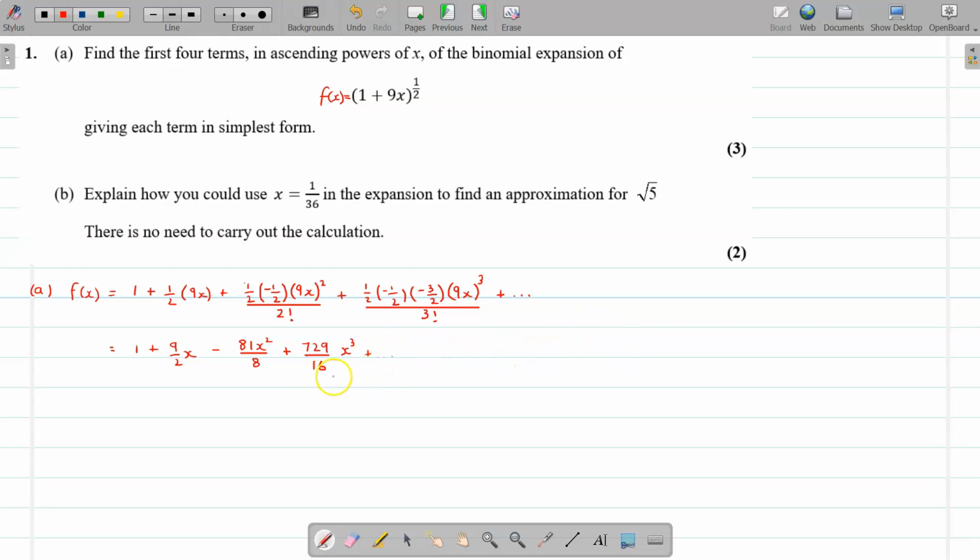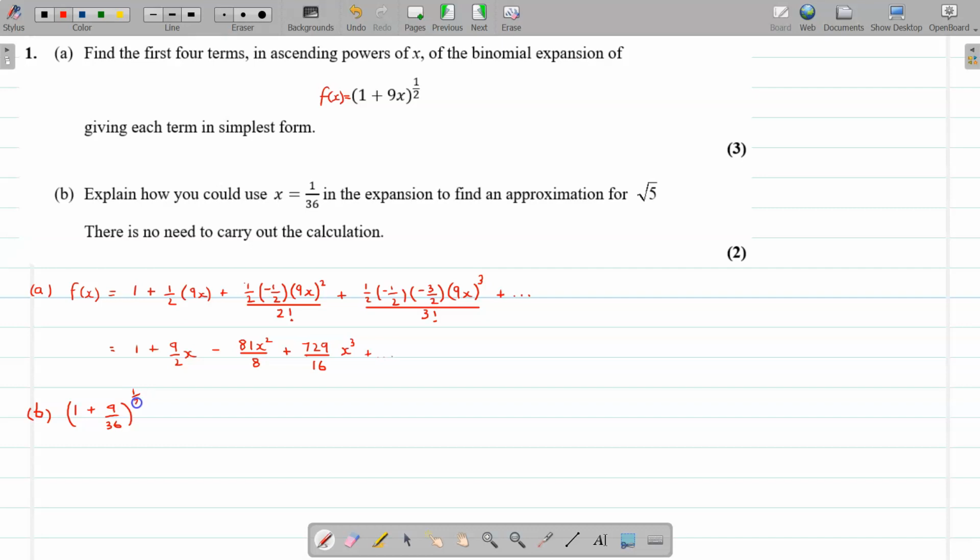and your next 2 marks come from part B, where you've got to explain how you could use that in the expansion to find this. Well, the best way of doing this is just to actually see what happens when you put it in and then explain. So I'm going to write 1 plus 9 lots of 1/36, which is 9 over 36, to the power of a half.